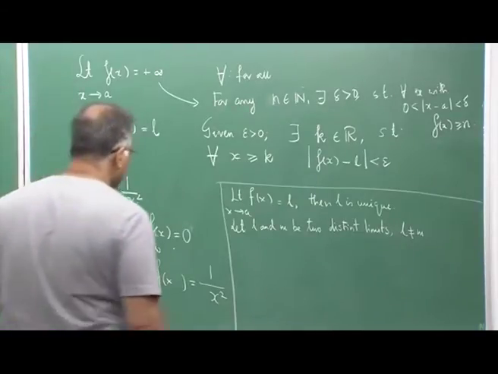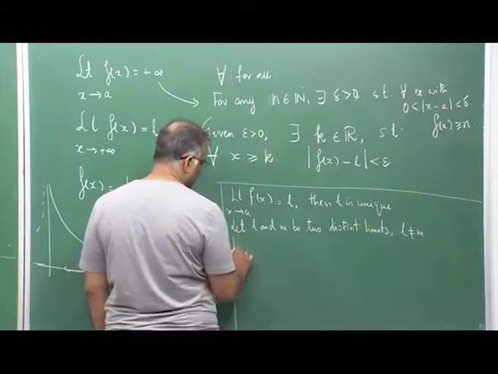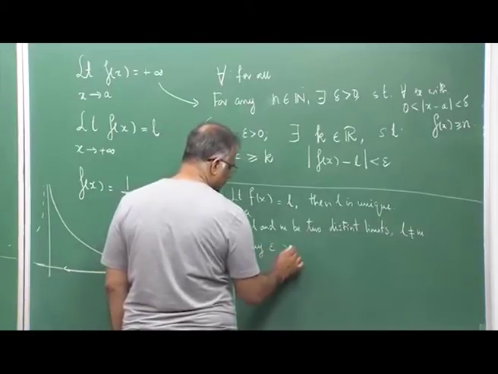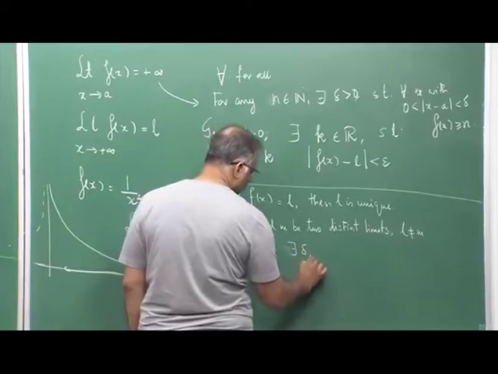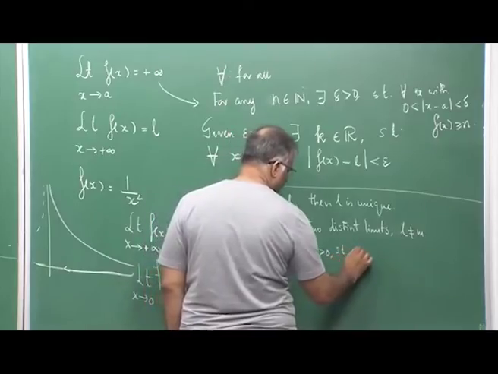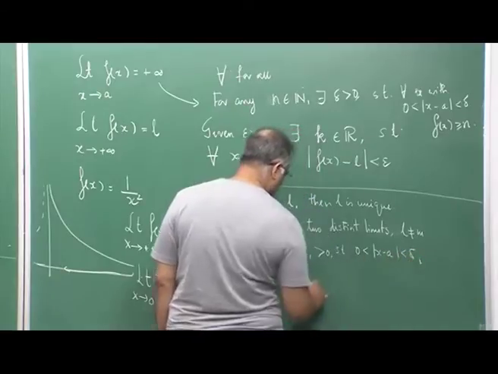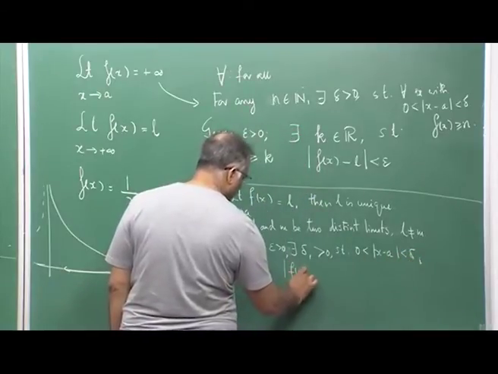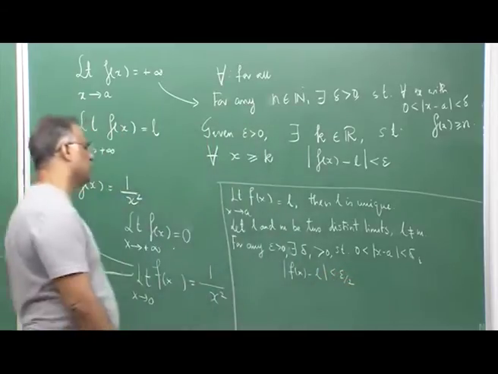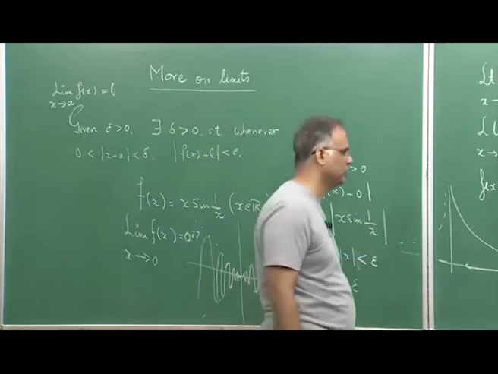So, for any epsilon greater than 0, there exists delta 1 greater than 0 such that whenever x is lying here, I have |f(x) - L| less than epsilon by 2. So, this delta 1 is a delta 1 corresponding to epsilon by 2.